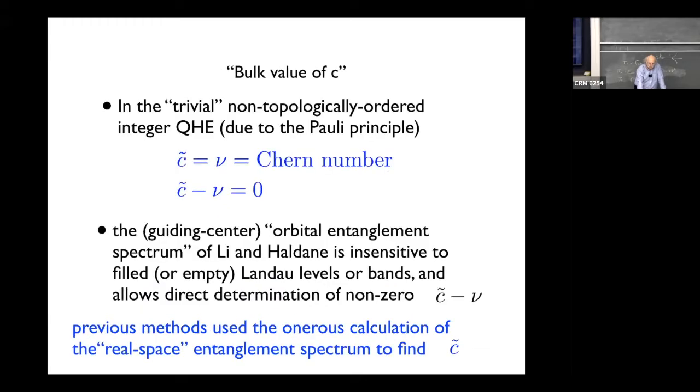Okay. Other thing is you can actually measure out of this entanglement spectrum a bulk value of C. The issue about C only being defined modulo 8 says that you can wave your hands around and say, I can always add some edge reconstruction that adds a C equals 8 theory, which has no internal content whatsoever.